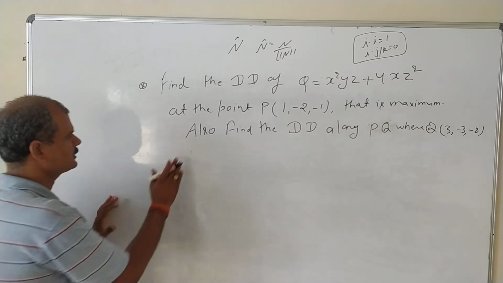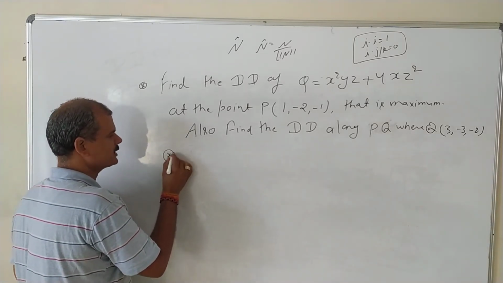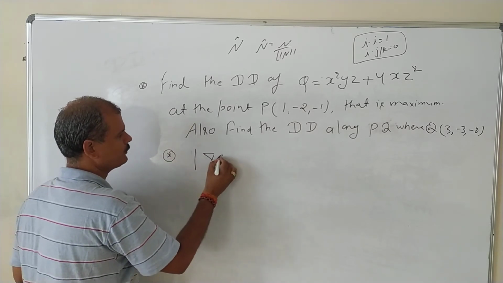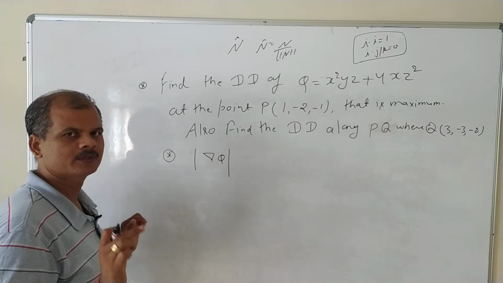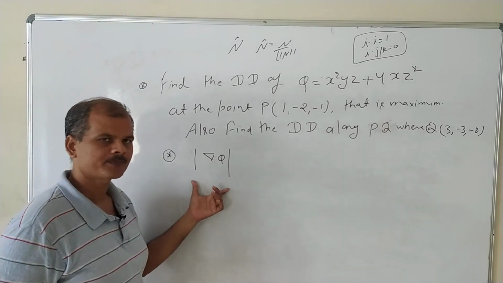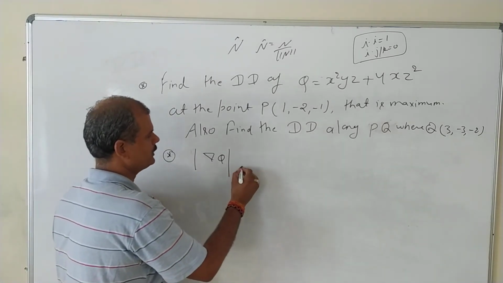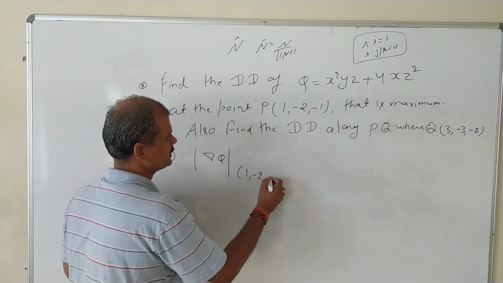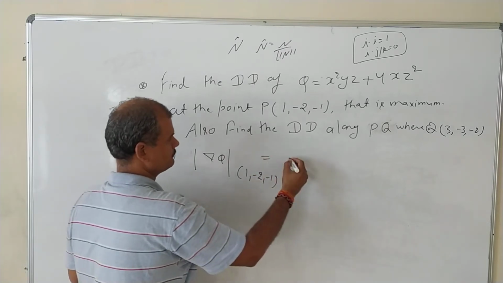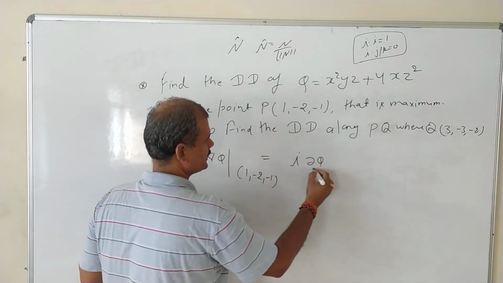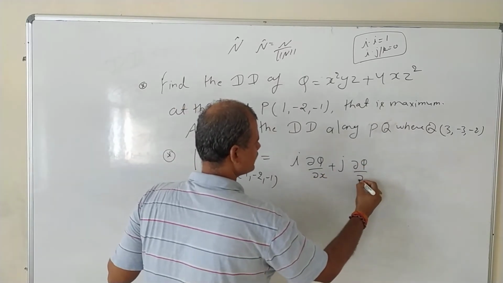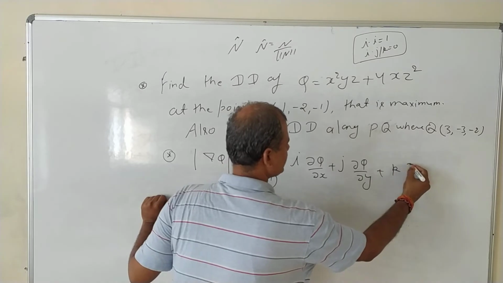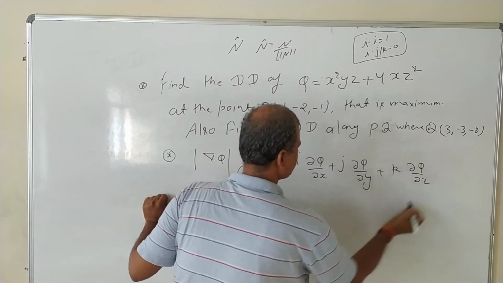So we know that the maximum magnitude of directional derivative will be grad phi. This we have seen, that the maximum magnitude of directional derivative will be grad phi at the point (1, -2, -1). So this will be i del phi by del x plus j del phi by del y plus k del phi by del z. Fine.